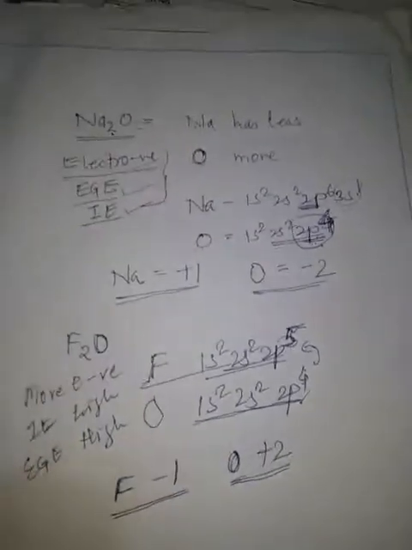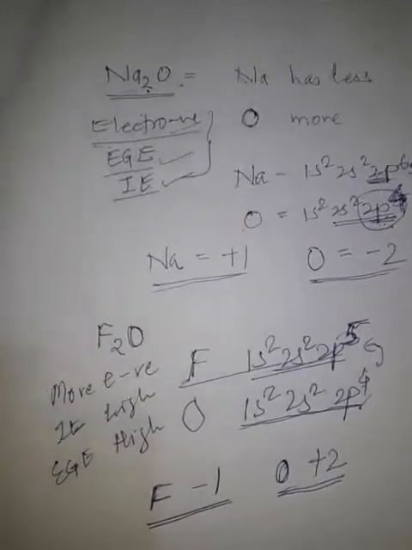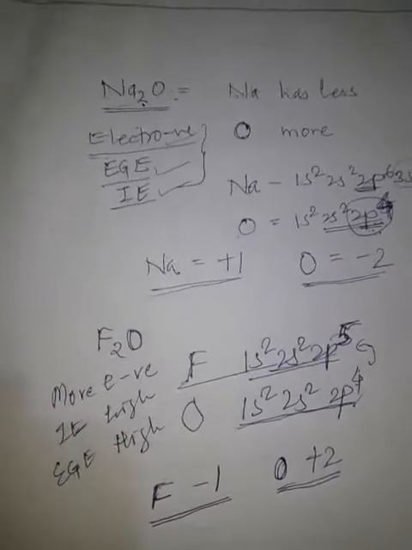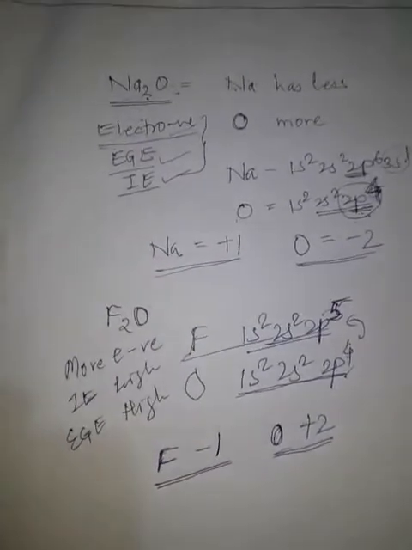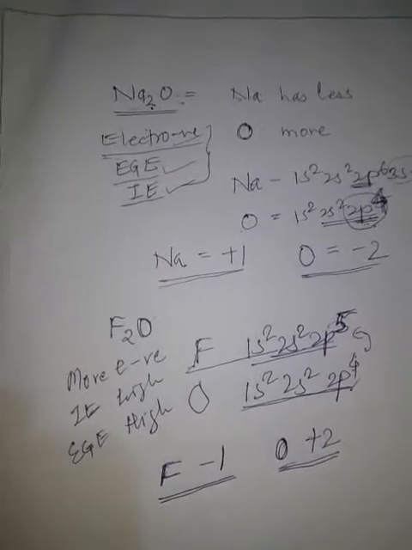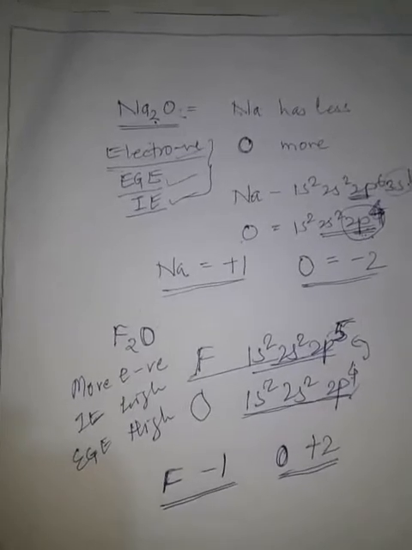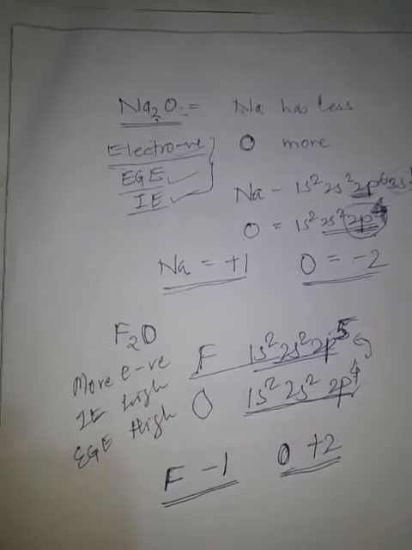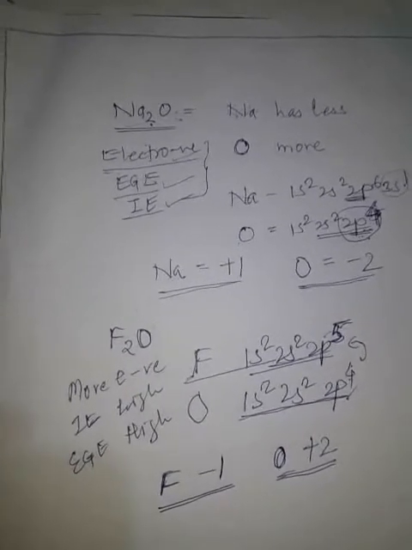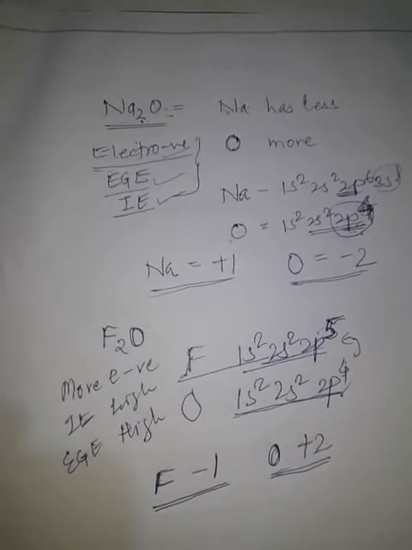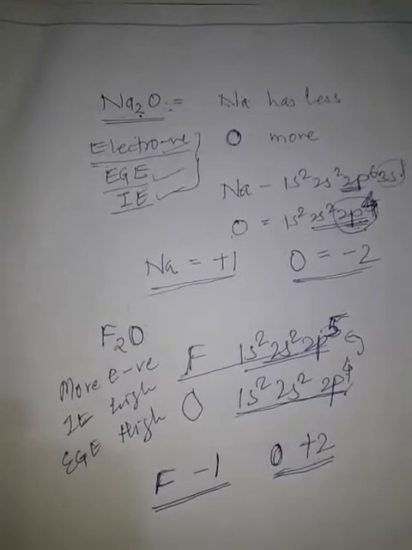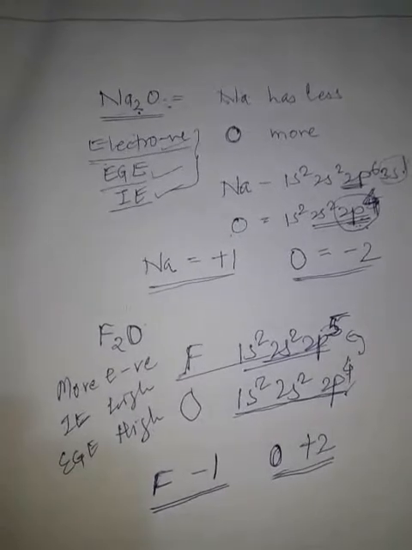So while calculating the oxidation state of any atom in a compound, we have to compare that particular atom with the other atom, or a different element atom. The points we have to compare are electronegativity, electron gain enthalpy, and ionization enthalpy.